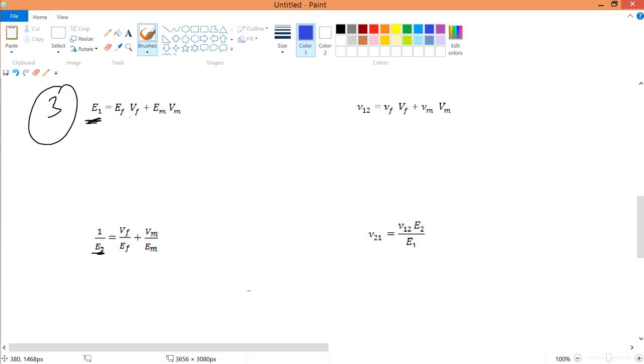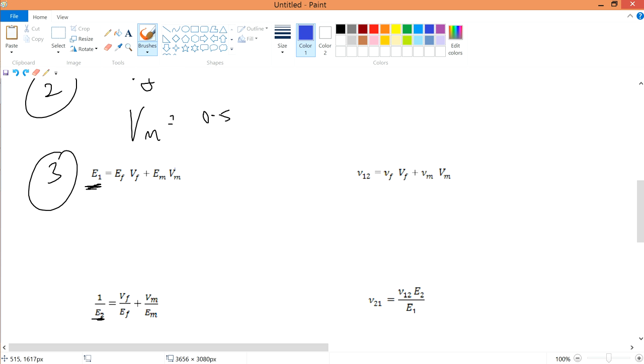Coming back here, you're going to know your volume fraction, since we know our volume fraction is this one. And the Young modulus of your fiber, you should also take note, is not given directly, but it should be in your data sheet, so you should take it out as 240 GPa. Also the Poisson ratio of the fiber should be equal to 0.2, and the matrix is 0.35.